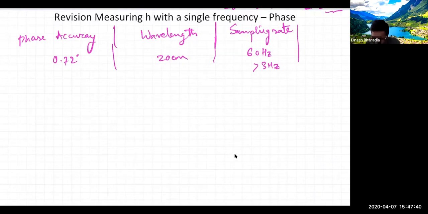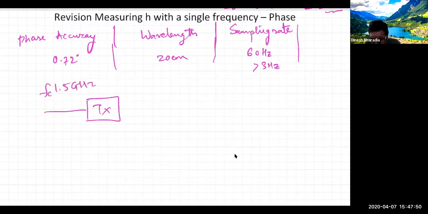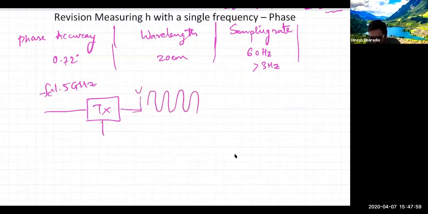So let's write down and draw the simple system out. I have a transmitter which is using center frequency FC of 1.5 gigahertz, and it's transmitting this tone. The receiver is synchronized with this transmitter. What it means is that it knows time t equals 0 is the same on both transmitter and receiver.